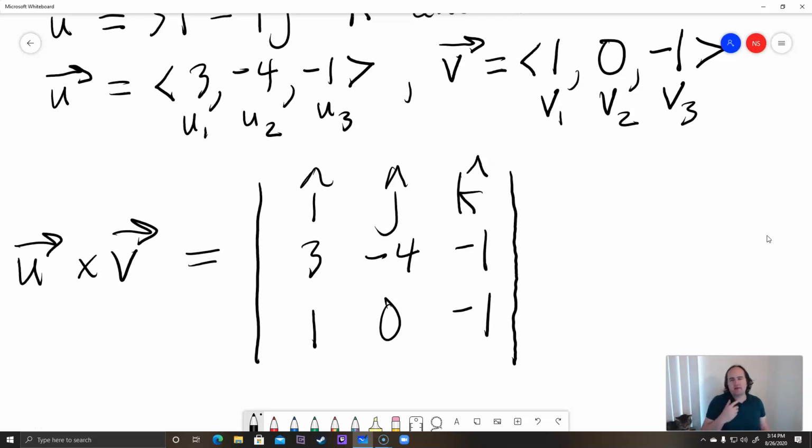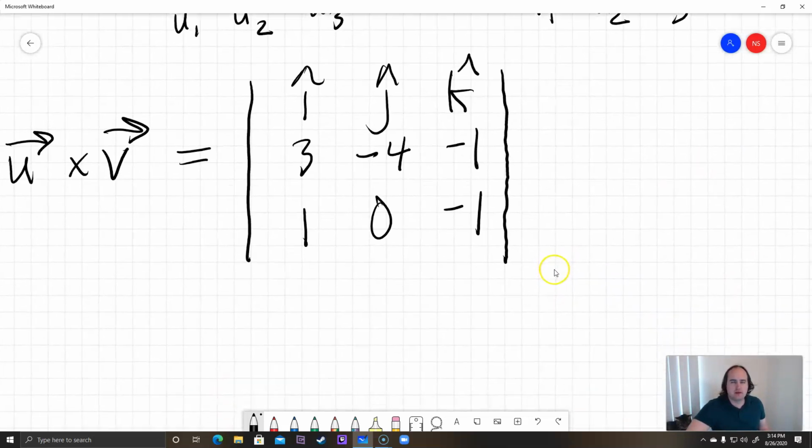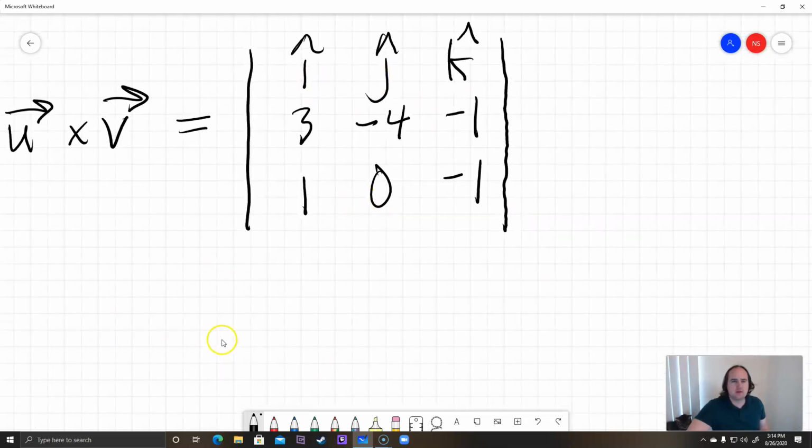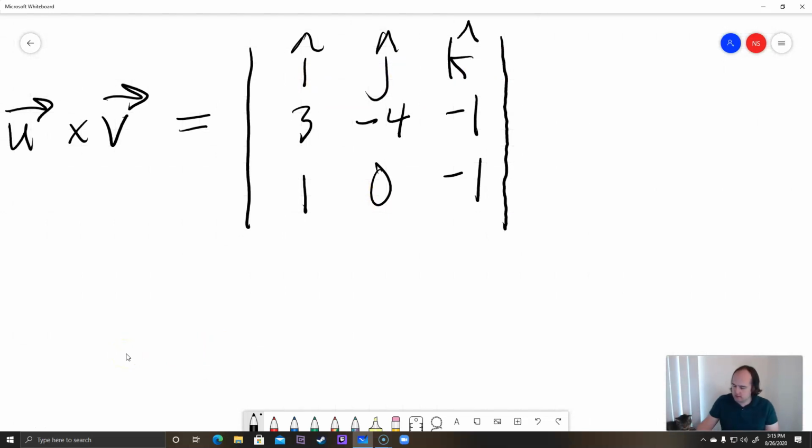So how do you take the determinant? We have it all set up. The basic idea for the determinant is you need to actually split it up into parts. The way it works is you start with the top left entry, so you start with i.